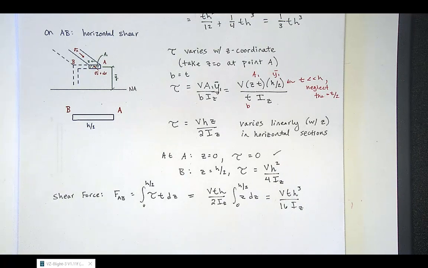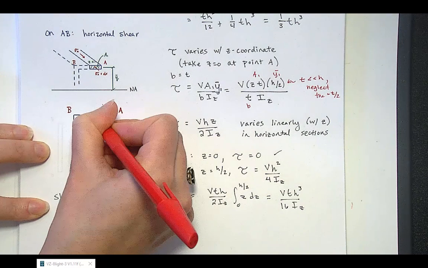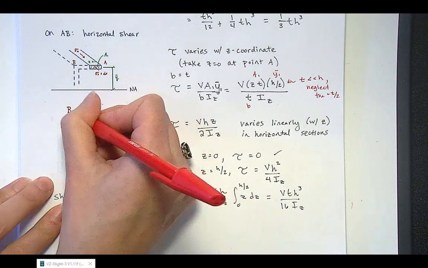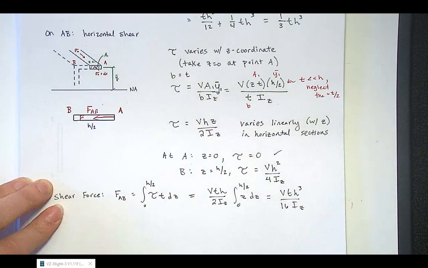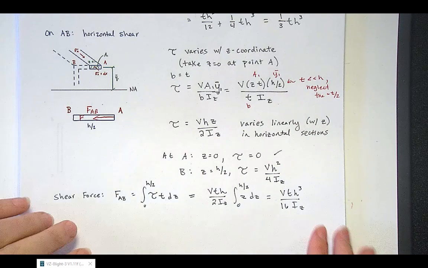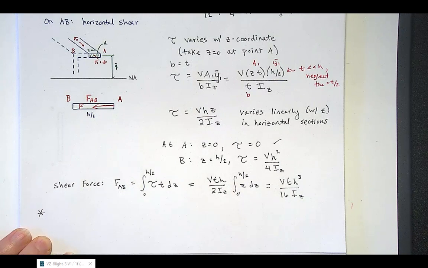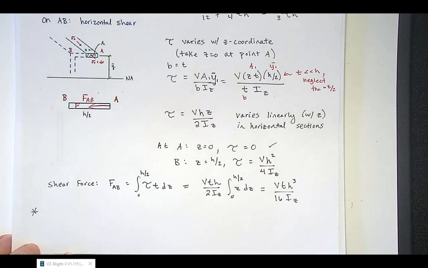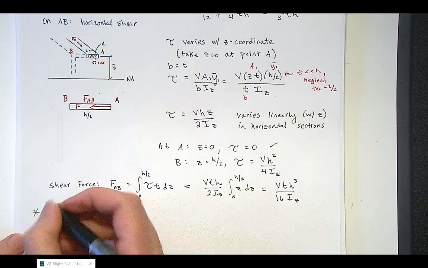So looking at our segment AB then, the force, FAB, would flow in this direction. I'll write it up here. That's FAB. And because it's symmetric about the neutral axis, that z-axis, we can say that everything on DE will be the same as AB, except that since the normal stress is in tension, the shear will be in the opposite direction.